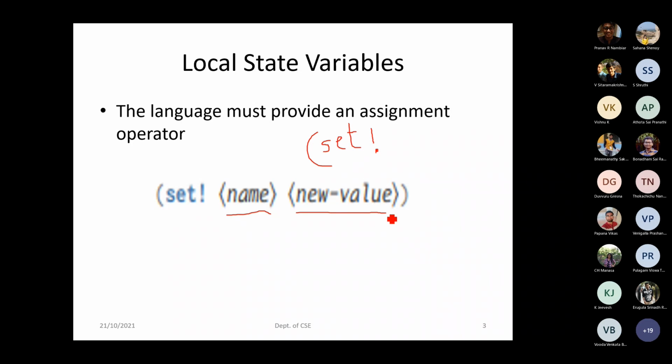Other than that, if you have to use it internally, then you can go with set. It's not preferred going with define. Set exclamation is like your assignment operator, like I equals I plus 1. How much it should be incremented or decremented, you can specify with the new value.